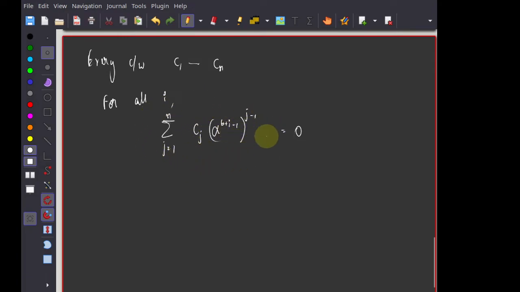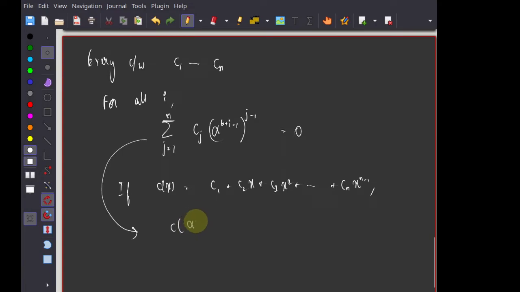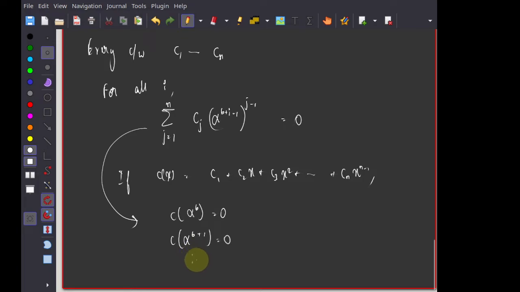So if you view this as a polynomial, if you take c of x to be c1 plus c2x plus c3x square and so on up to cn x to the n minus 1, then what this is saying is that for it to be a valid code word, we must have c of alpha to the b equal to 0, c of alpha to the b plus 1 should be equal to 0, c of alpha raised to b plus n minus k minus 1 equal to 0.